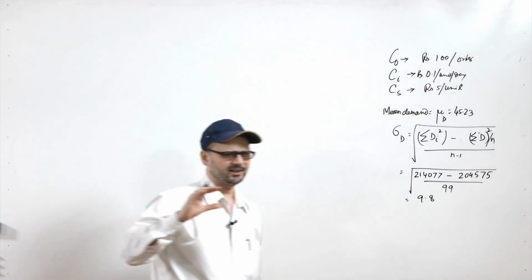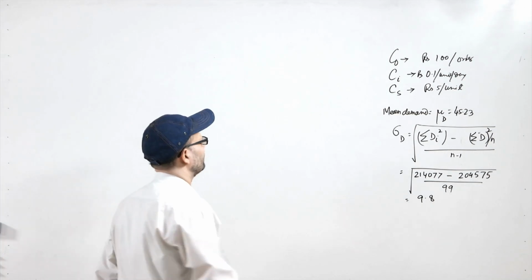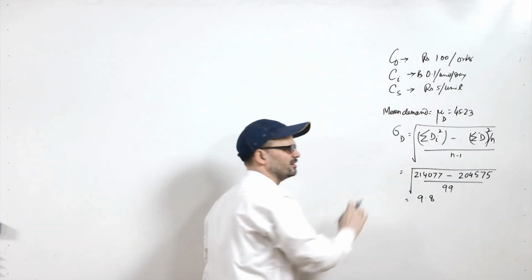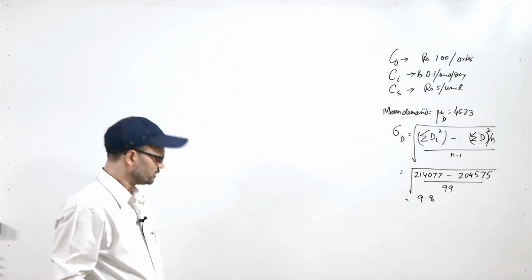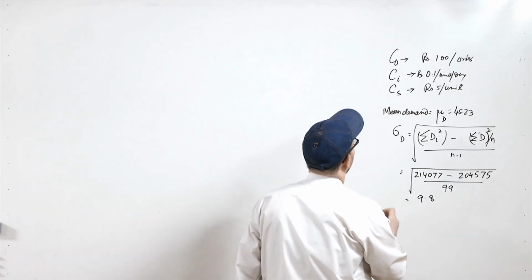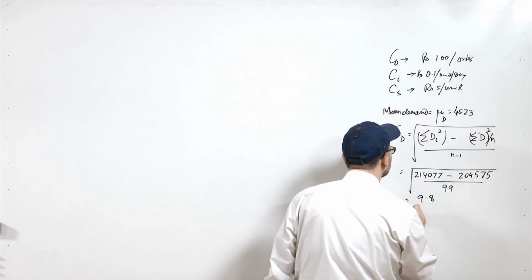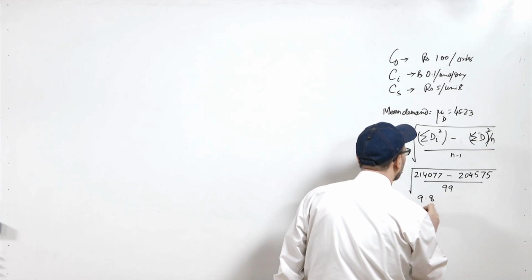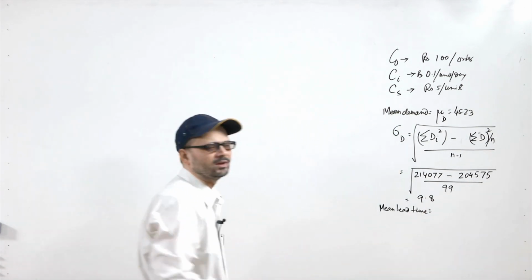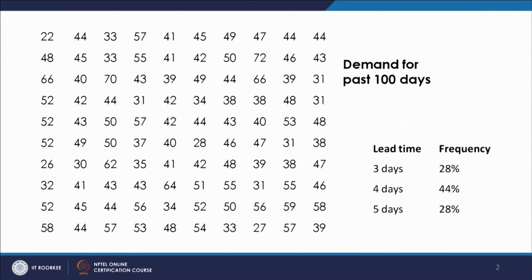So for the demand data, you have to find the mean as well as the standard deviation of the data. Similarly, you have to calculate the mean value of the lead time. Mean lead time will be, as you know, 28% of the time 3 days, 44% of the time 4 days and 28% of the time 5 days.